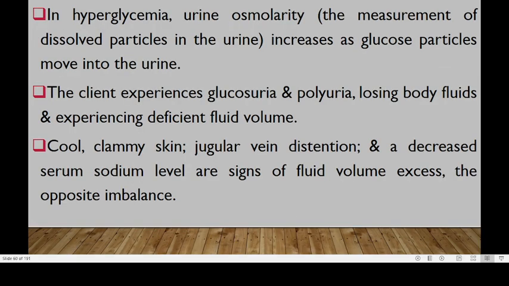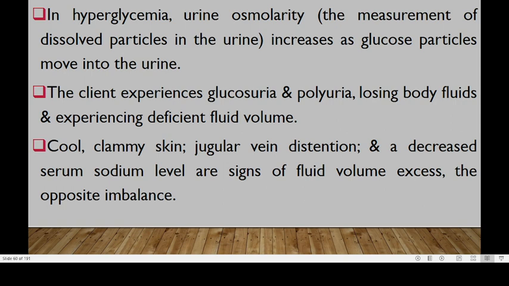In hyperglycemia, urine osmolarity, that is the measurement of dissolved particles in urine, increases as glucose particles move into the urine. The client will experience glycosuria, polyuria, losing fluids, and experiencing deficient fluid volume.